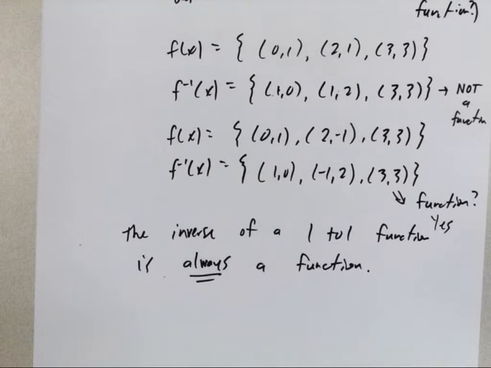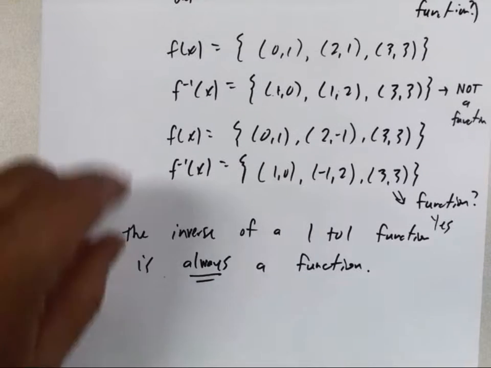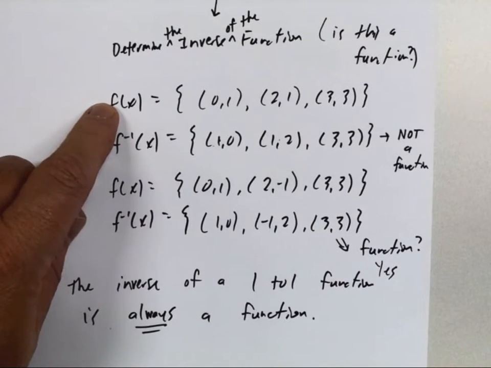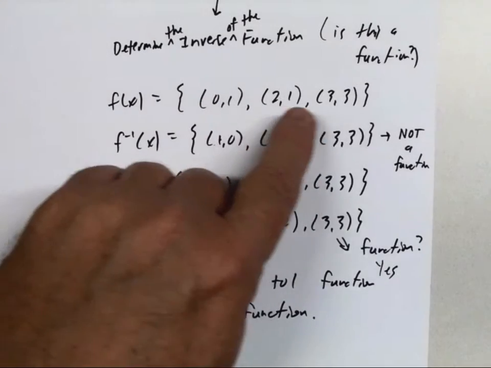So if you're given a function and you're asked, is the inverse of this function a function? All you do is go look at the function. Is the function a 1-to-1 function? If it is, you can say, yes, the inverse is going to be a function. If it is not a 1-to-1 function, then you can say, no, the inverse is not a function. Let's look at our example up here. Our first one, is f of x a function? 0, 2, 3.